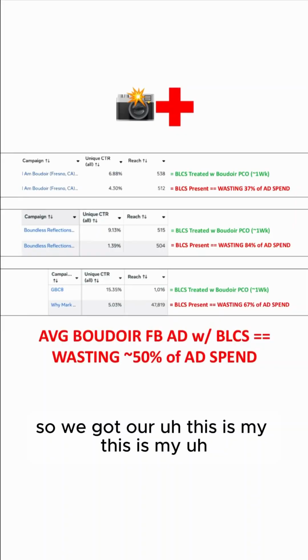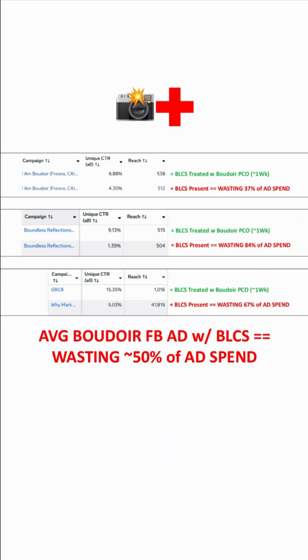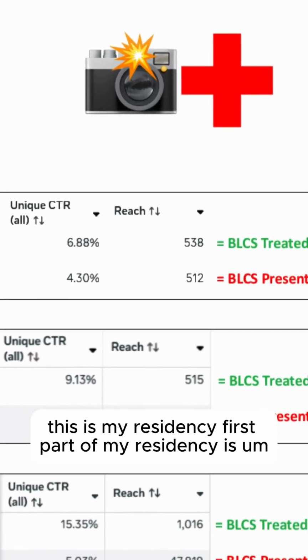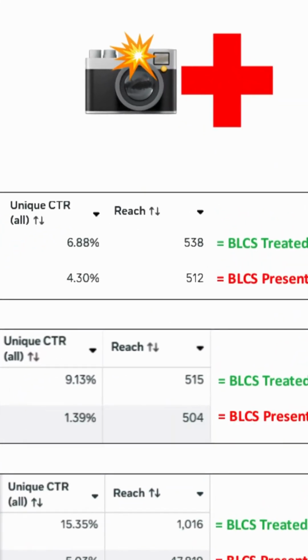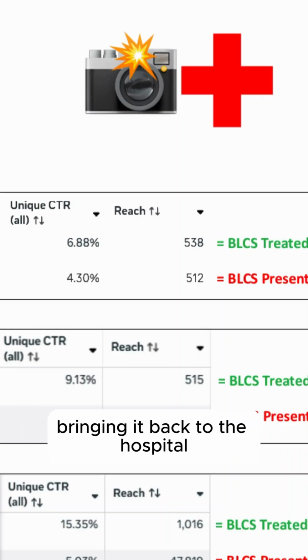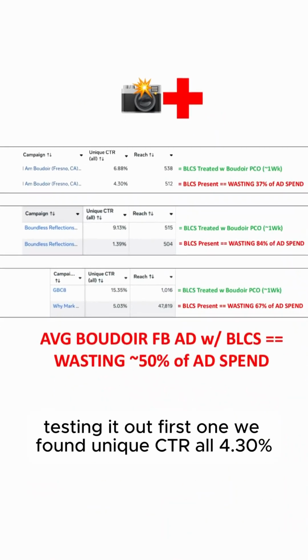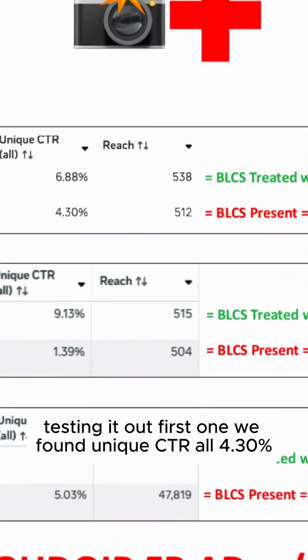This is my residency. The first part of my residency is finding a Boudoir Facebook ad out there, bringing it back to the hospital, testing it out. The first one we found had a unique CTR all of 4.30%.